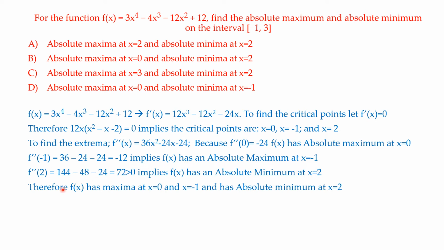Therefore, f of x has maximum at x equal to 0 and x equal to -1, and it has an absolute minimum at x equal to 2. Here the options give just two answers, but the best match is B. So B is the best answer.